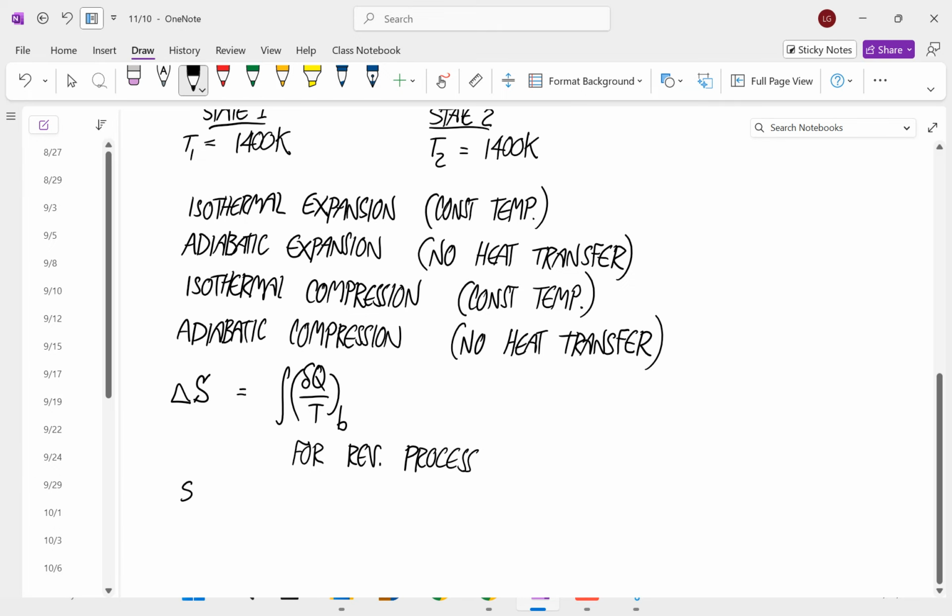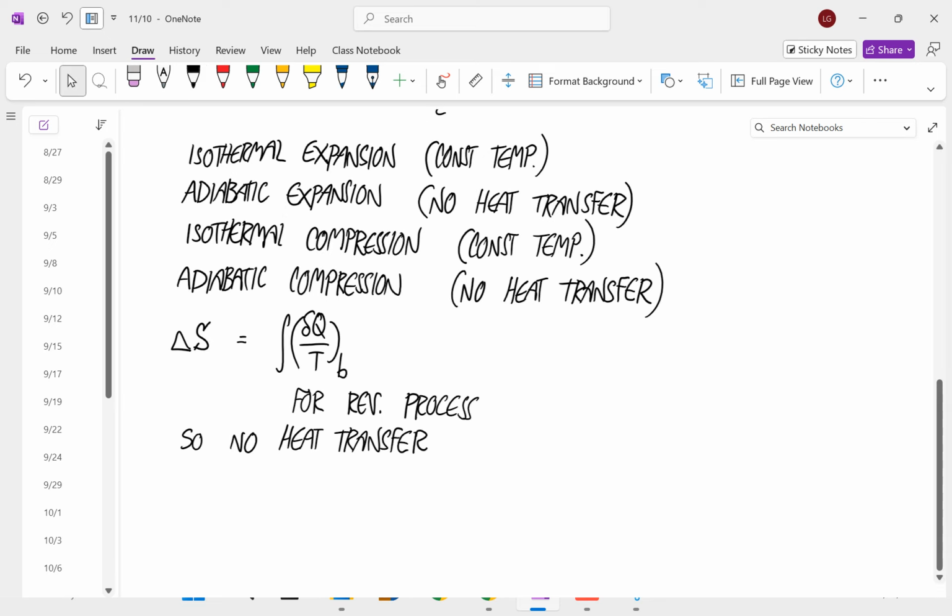So if there's no heat transfer, well, you can't use this specifically for T. But what you can say is that delta S stays the same.